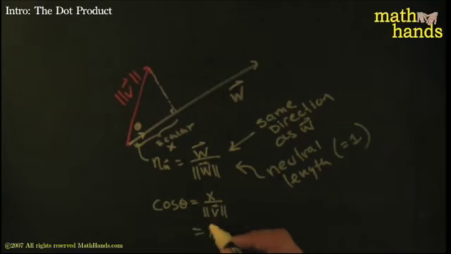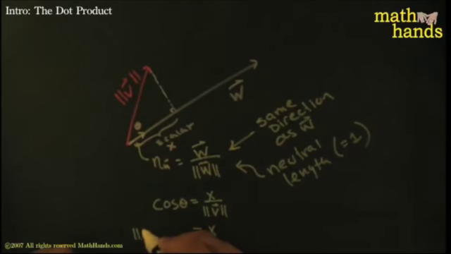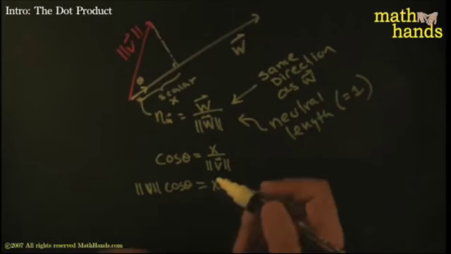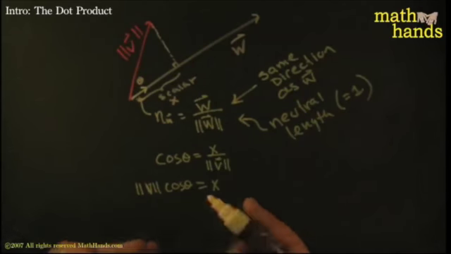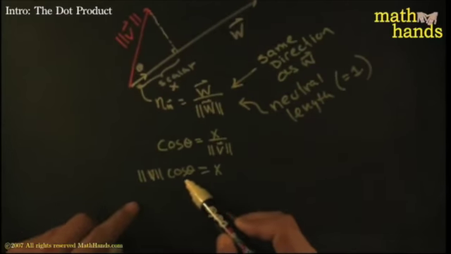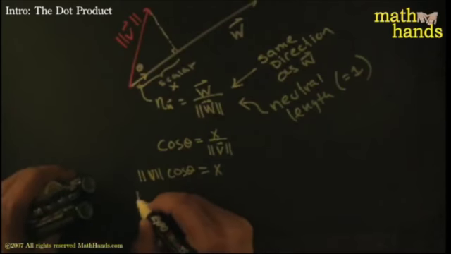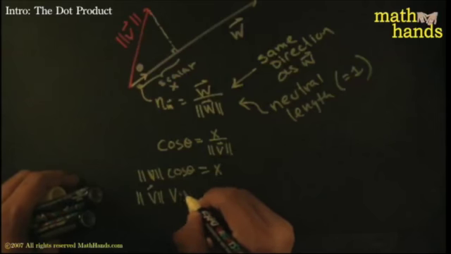Before we do that though, let me make a little note here. You see that the projection has the same direction as W. So right off the bat, just by looking at the picture, you should think that this projection should be equal to some scalar of W. Right?